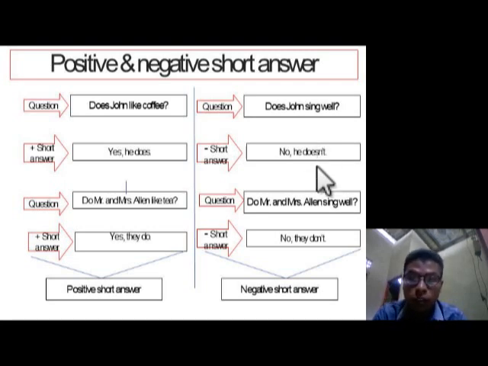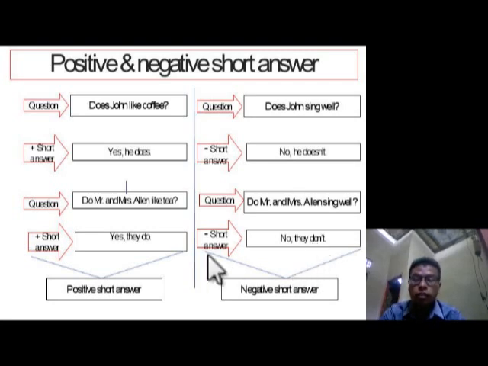Sorry, no he doesn't. Do Mr. and Mrs. Allen sing well? No, they don't, ya. Atau no they do not. But in short answer, you just say no they don't.